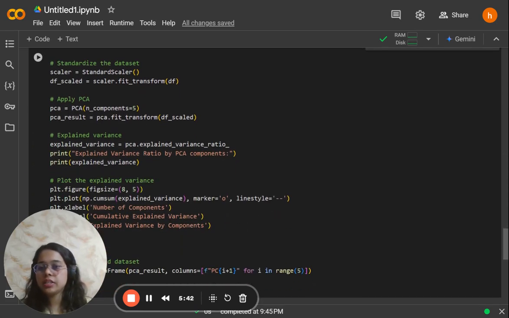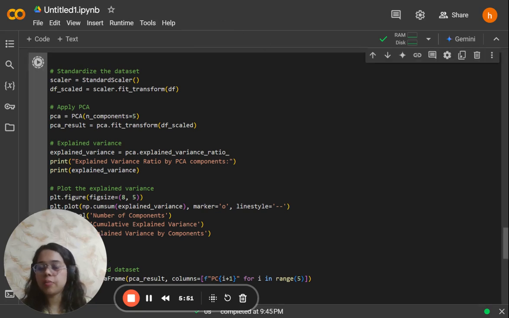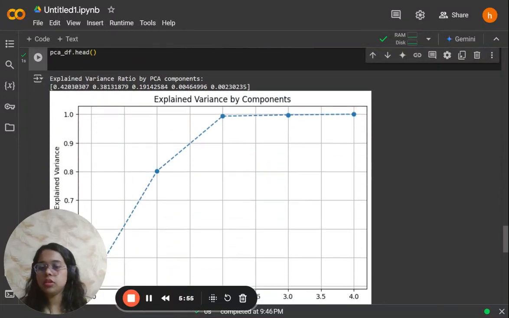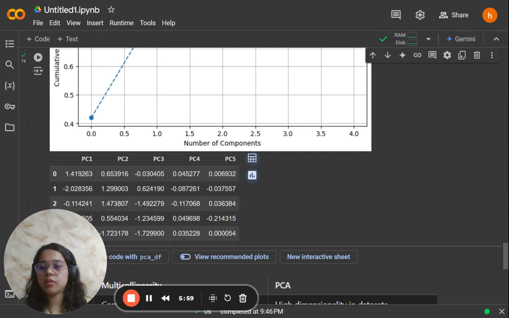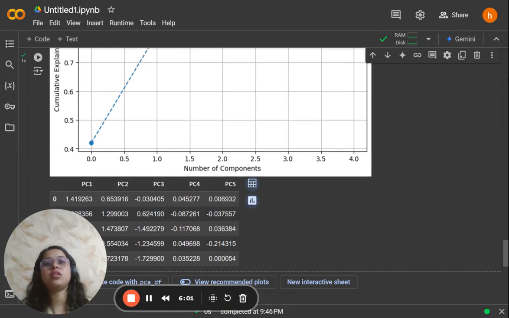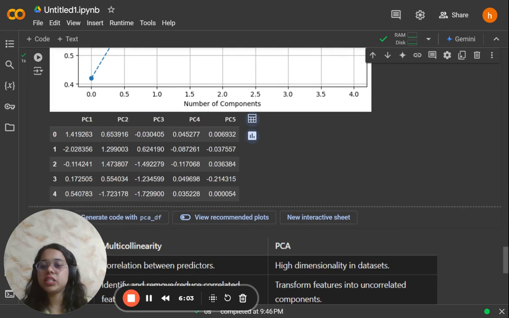Now, standardizing the data set and then applying PCA and explained variance, here you can see, and then we are plotting. Plotting means visualizing our model. So this is how the variation is there between all the features, and then we have taken out their PCA also.